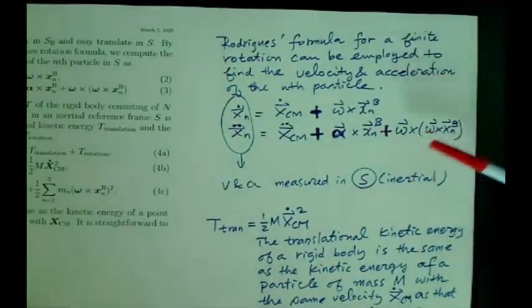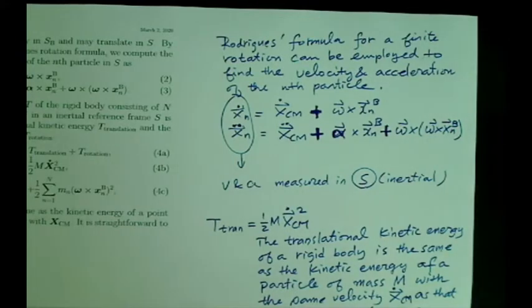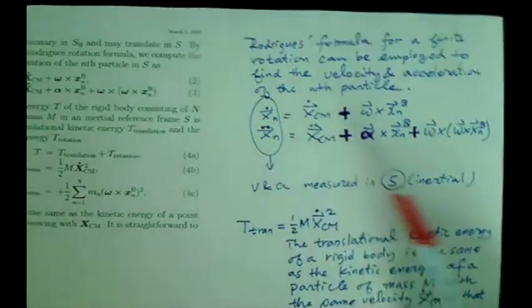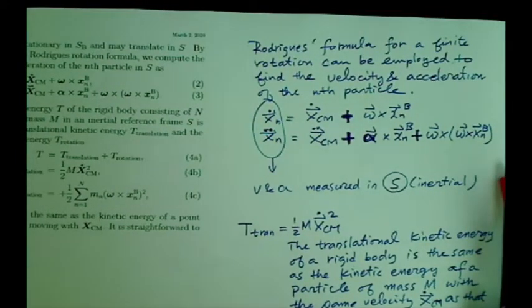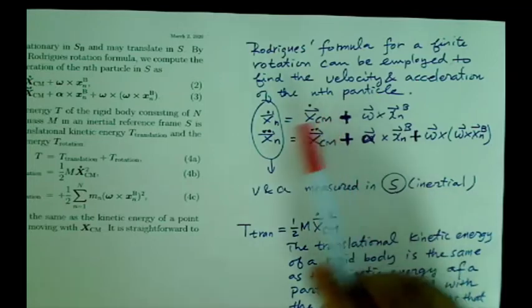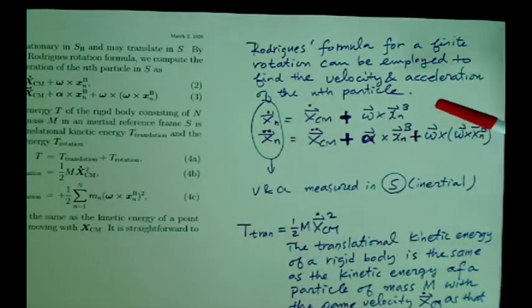We recall that the Rodrigues formula for finite rotation can be employed to find the velocity and acceleration of the particle. The left-hand side is described in terms of the inertial reference frame variables, and xcm is the position of the center of mass of the rigid body.